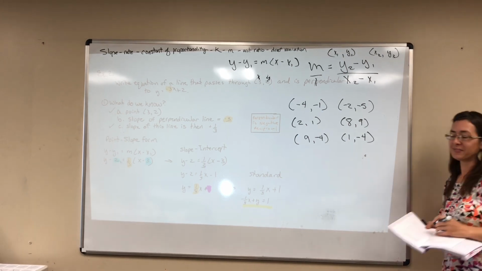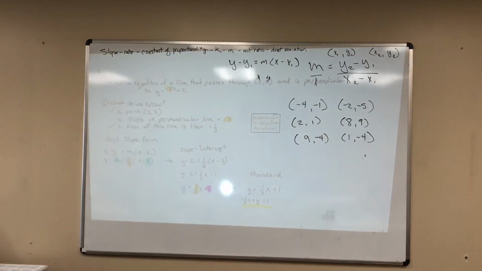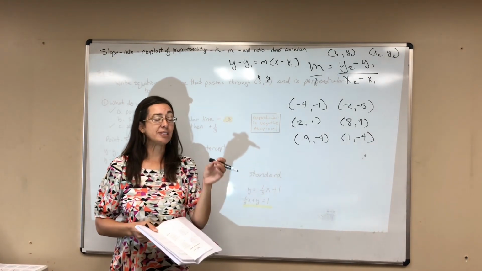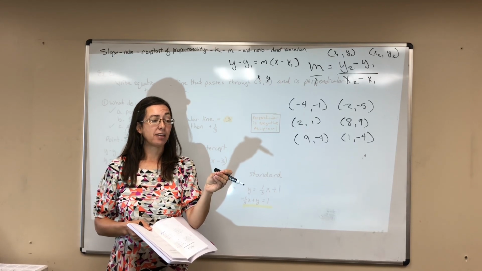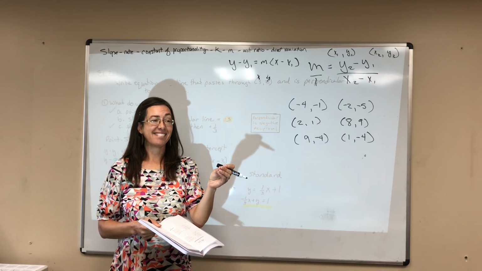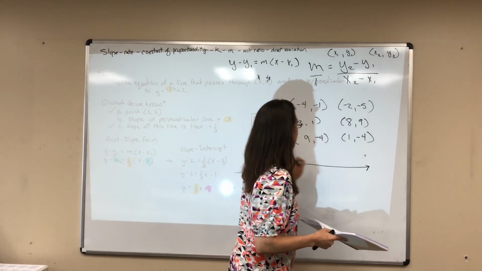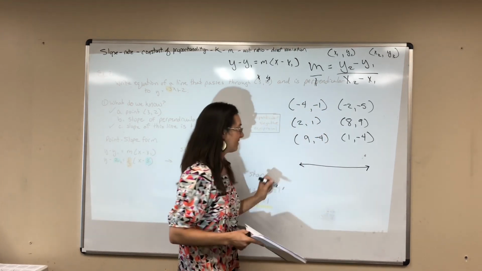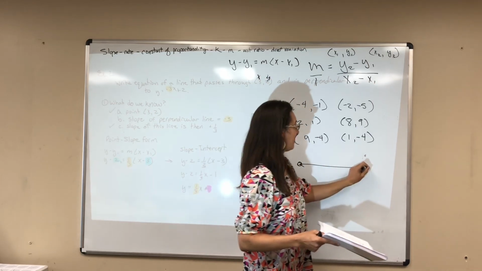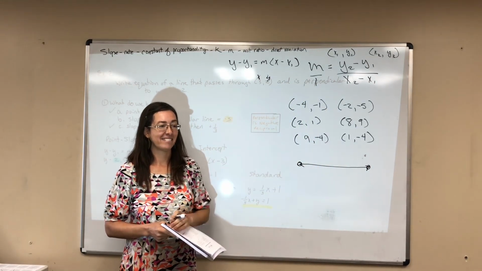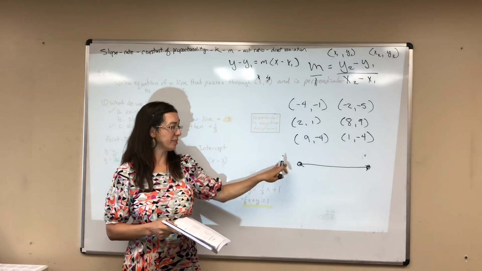It's not a slope, it's just a horizontal line. It's a horizontal line, so its slope is what? Horizontal lines have a slope of... Well, straight up is undefined, but it's not straight up and down.